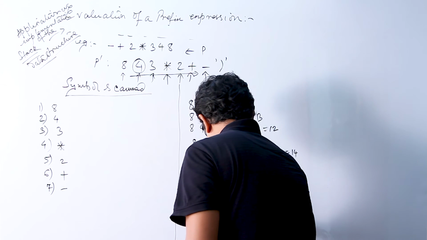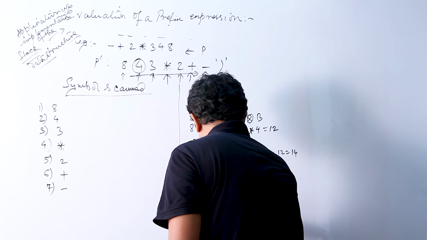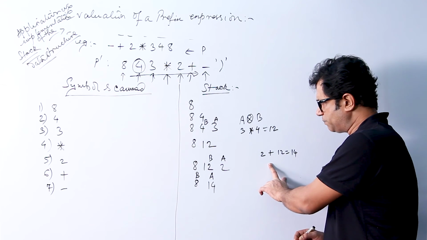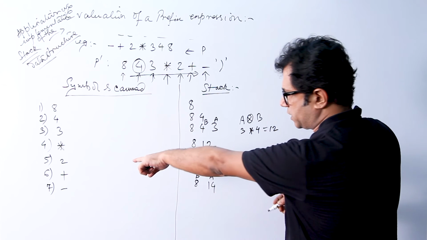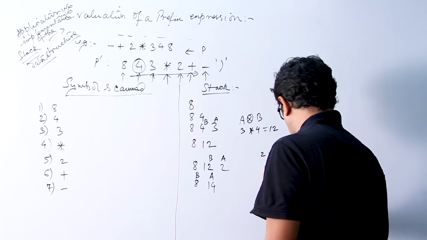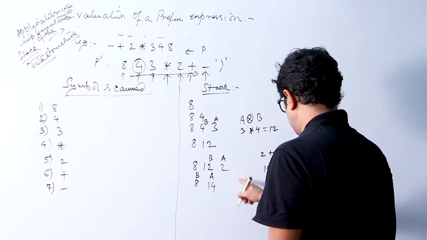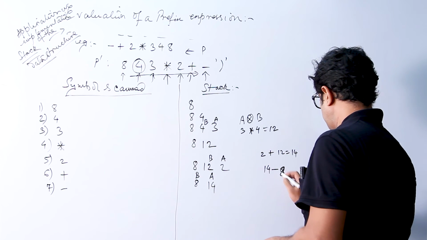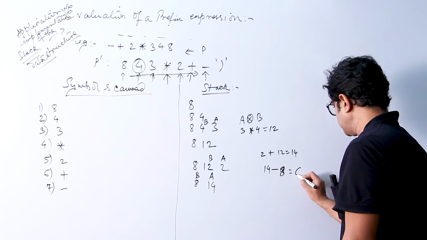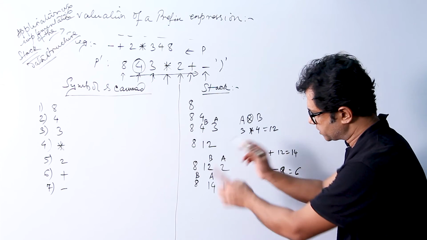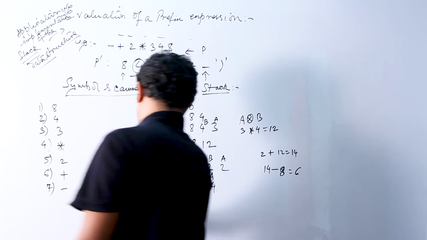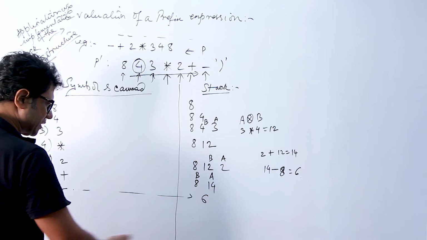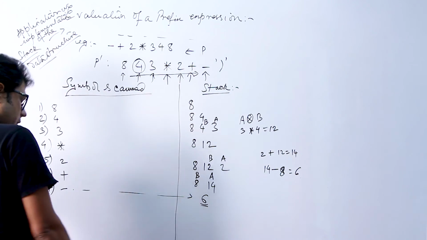That is, we will call this top element A and this B and perform the operation A operator B. Our operator is minus: A is 14 and B is 8. So 14 minus 8 is 6, and we will push the result back onto the stack, and correspondingly in this number 7 step, the stack looks like this.